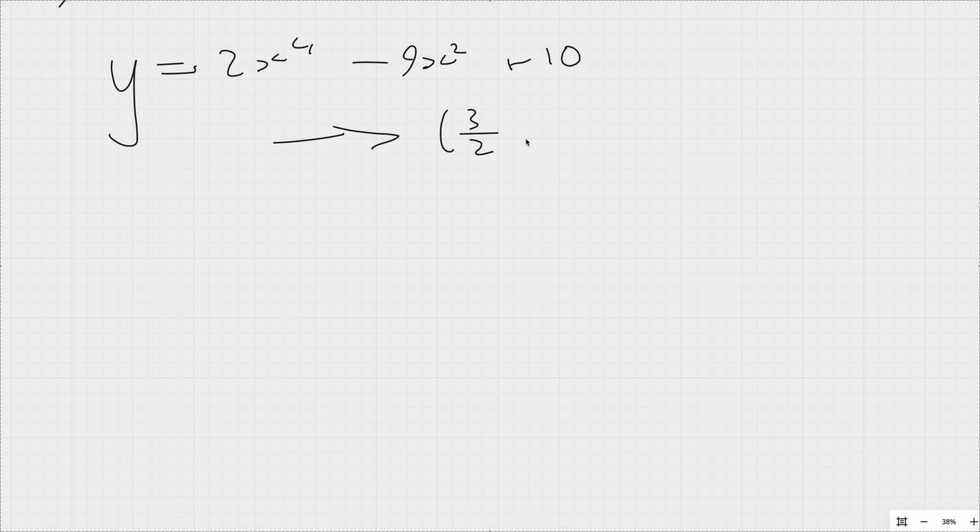Now, let's put this into action. Here's a question. The curve y equals 2x to the power of 4 minus 9x squared plus 10 has a stationary point at (3/2, -1/8).